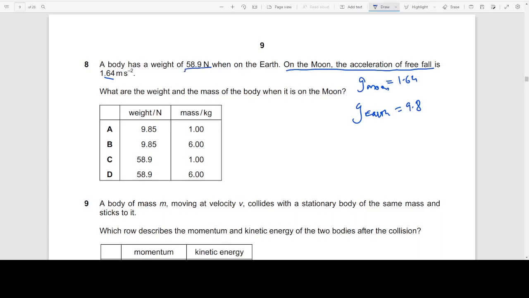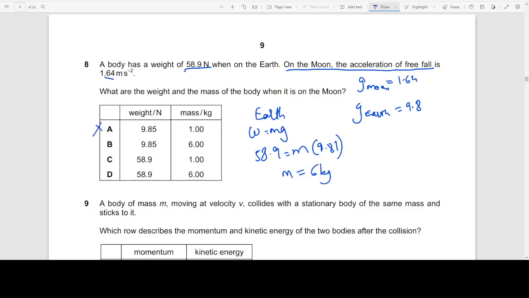The weight on Earth is this. So we know W equals mg. This is what you do for the Earth: 58.9 is m into 9.81. So mass equals 6 kilograms.